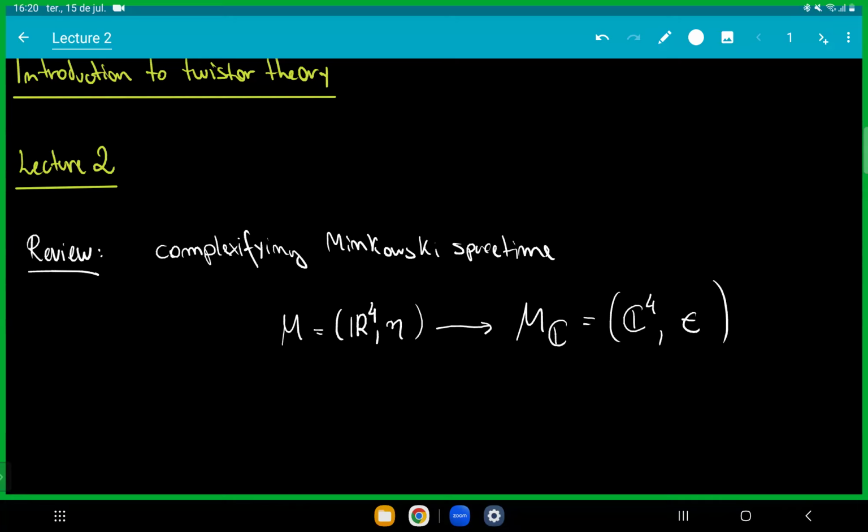But I'm just writing this epsilon down because we effectively are going to work in these two-dimensional subspaces of C2, which each copy of SL2C acts on.